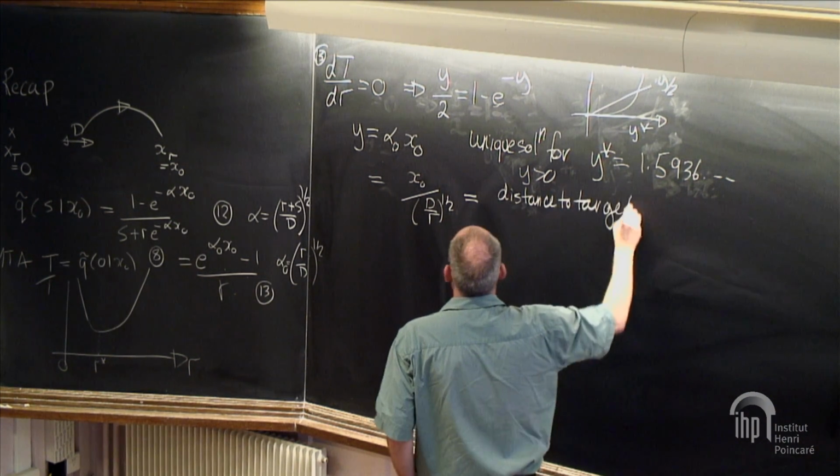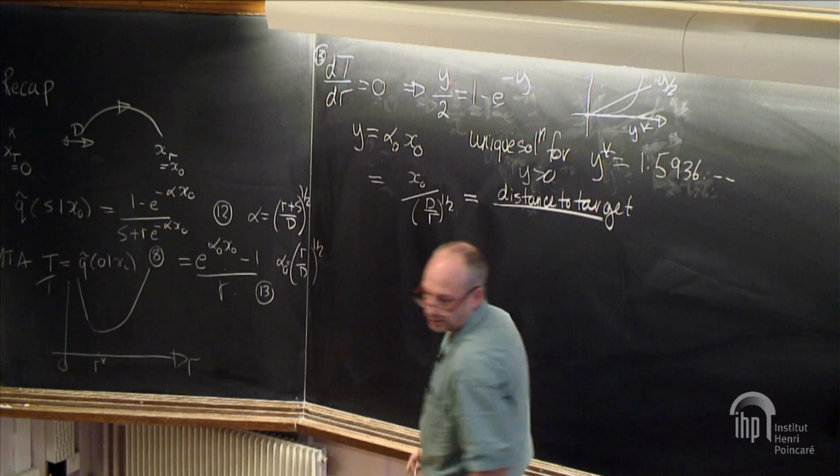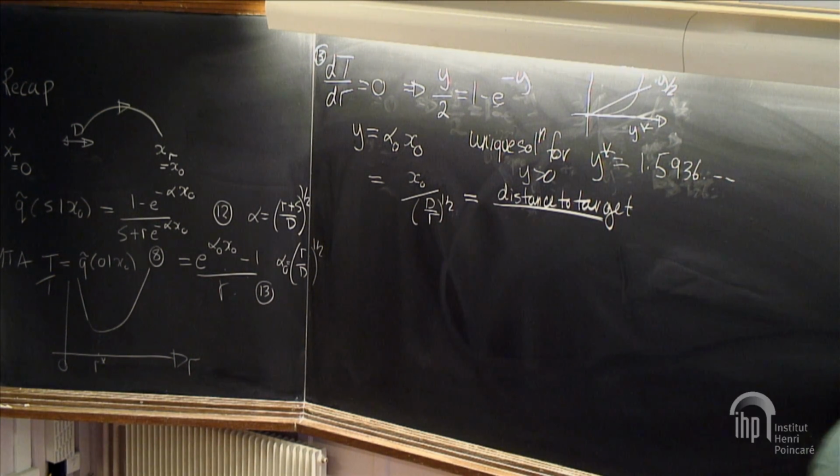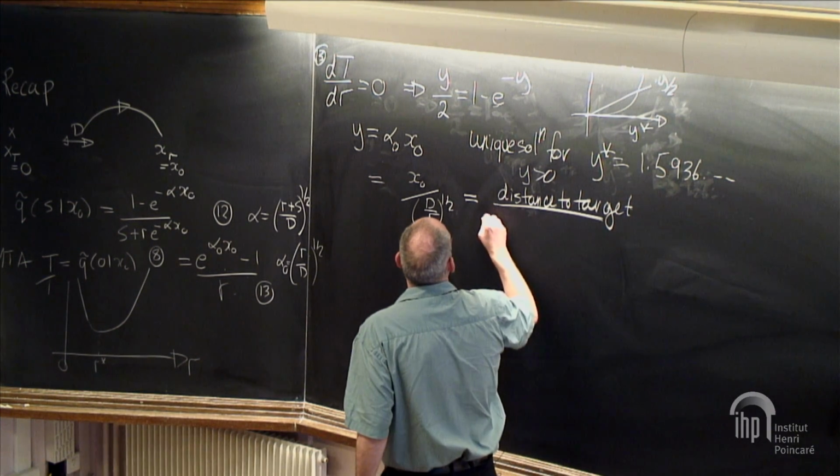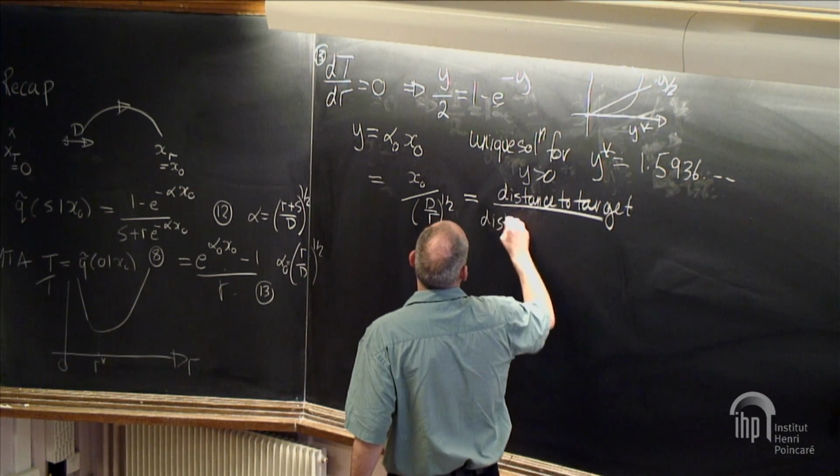And then if we think about (D over r) to the half, that is a length. It's got dimensions of length. If you think about it, it's the typical distance diffused between resets. So 1 over r is the typical time between resets. And so D over r gives the distance diffused between resets. So it's a typical distance.